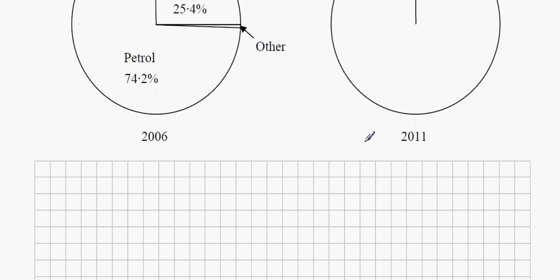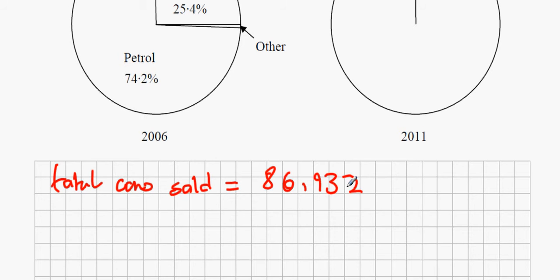So for 2011, the amount of cars sold, total cars sold equals 86,932. Okay, so petrol, we need to figure out what fraction was petrol, okay?